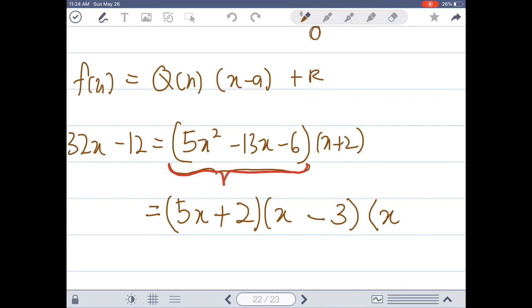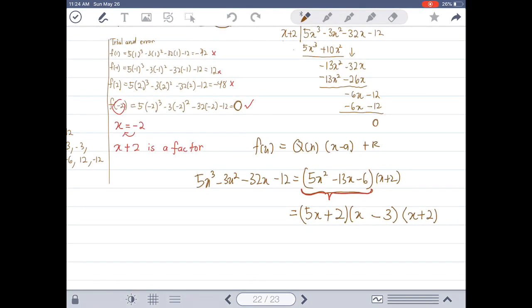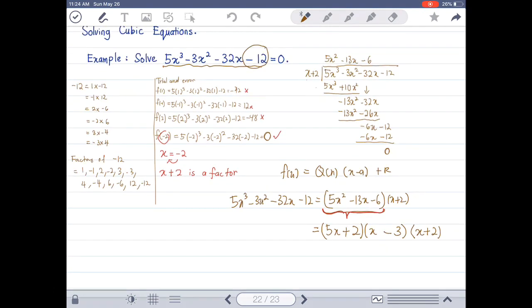Hence, we let this equal 0, which means that all of this equals 0.